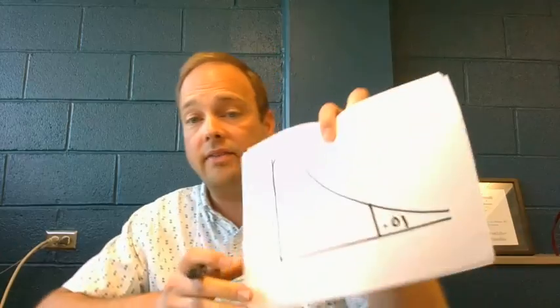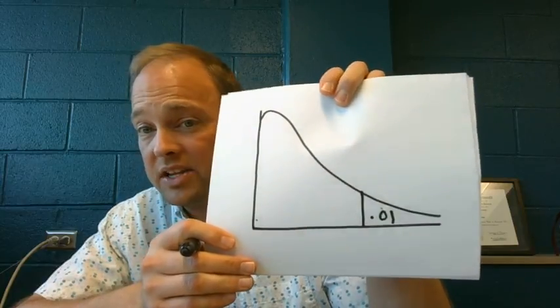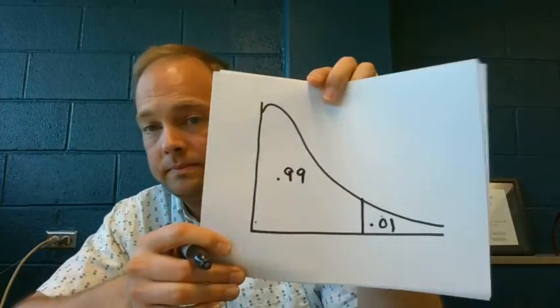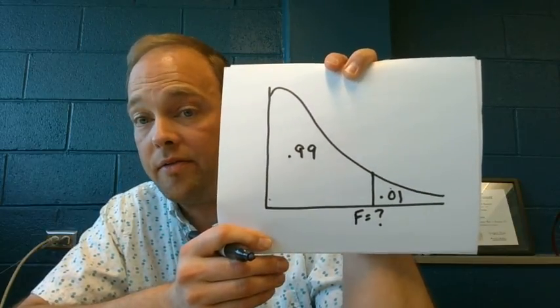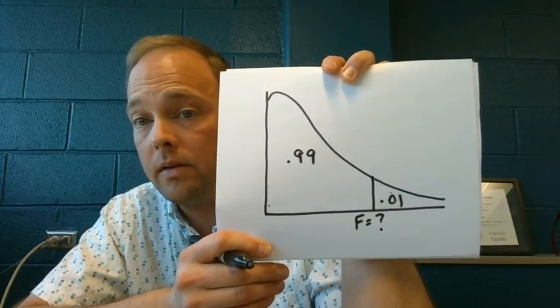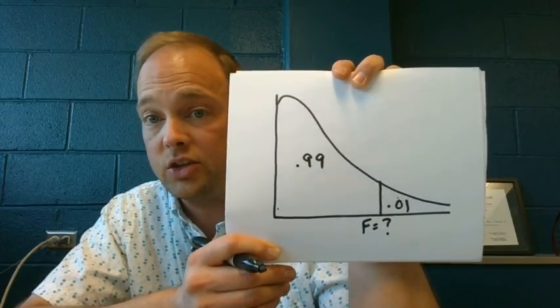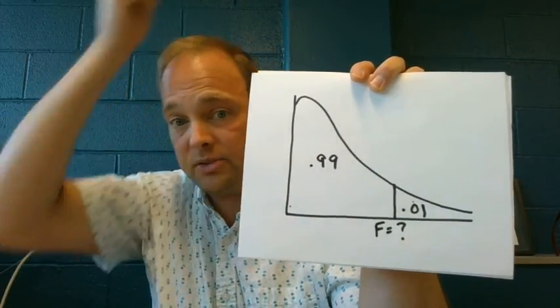In this case, in theory, pretend we've been asked to test a hypothesis at the 0.01 level. So that is the size of our tail. Indicate the size of the body. And then last but not least, indicate the appropriate F value from the F table in SPATS.